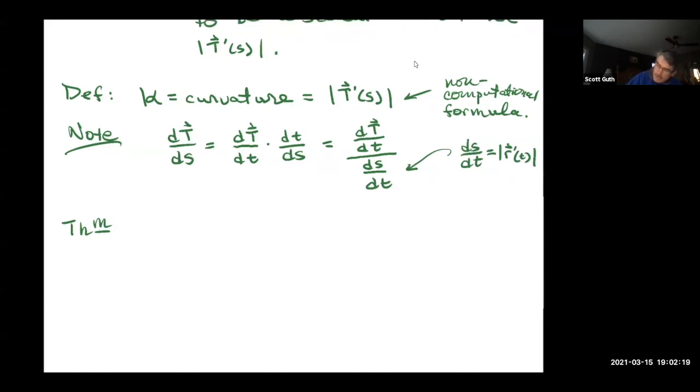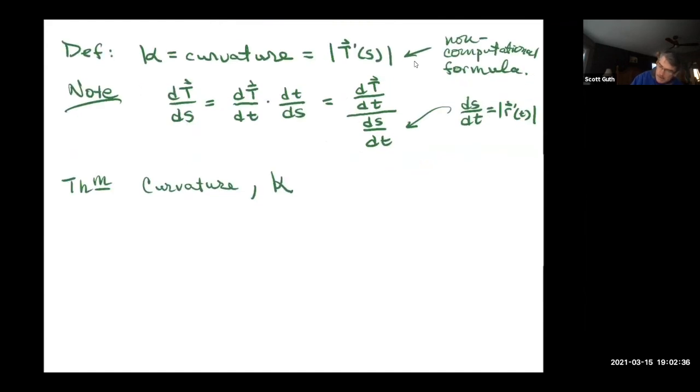So this is a computational formula here that curvature kappa is equal to the magnitude.